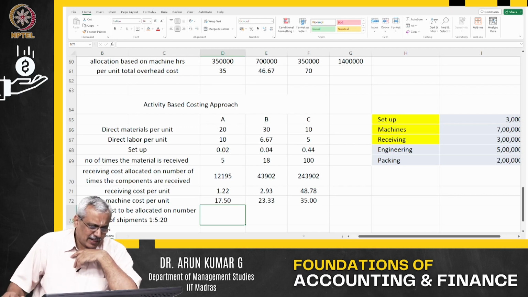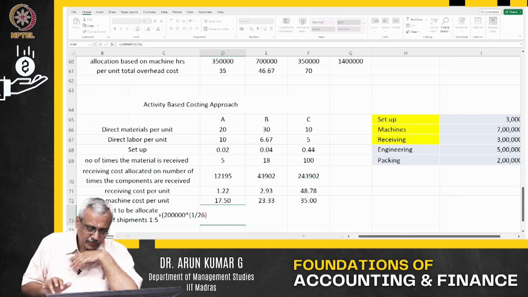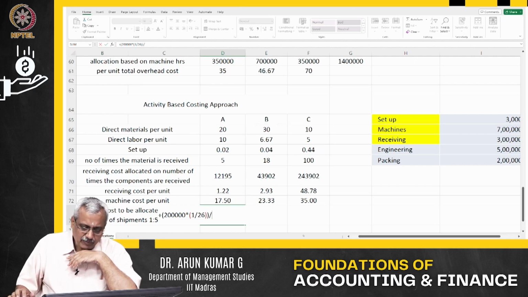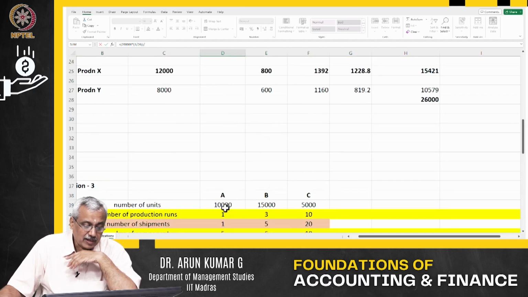So what is the per unit cost? The packing cost is 200,000. Let us divide it per unit: 200,000 multiplied by 1 divided by 26, and the whole thing divided by the number of units I manufactured, because I need to get the per unit cost.